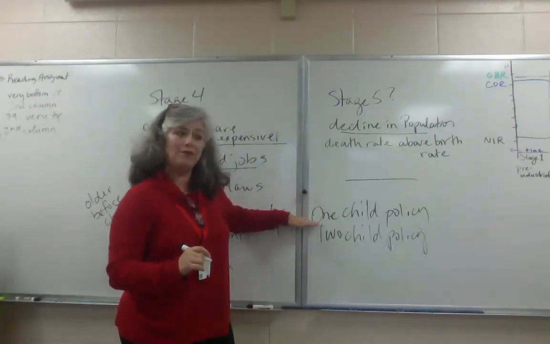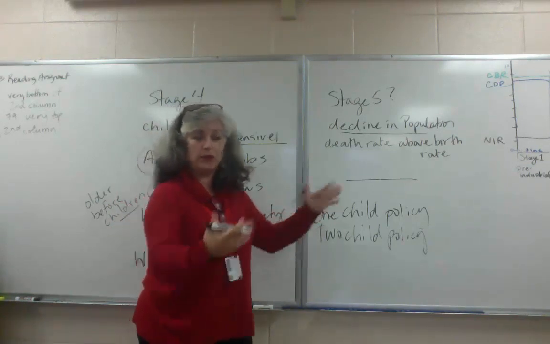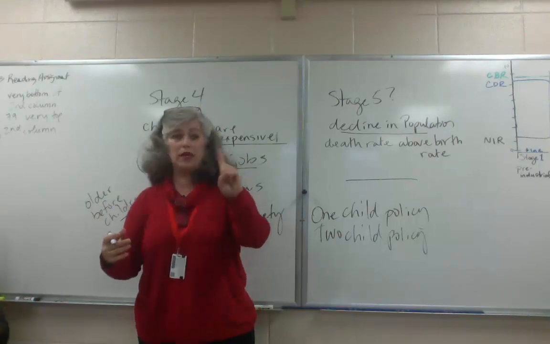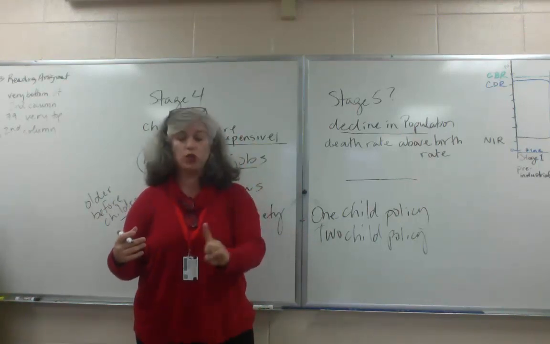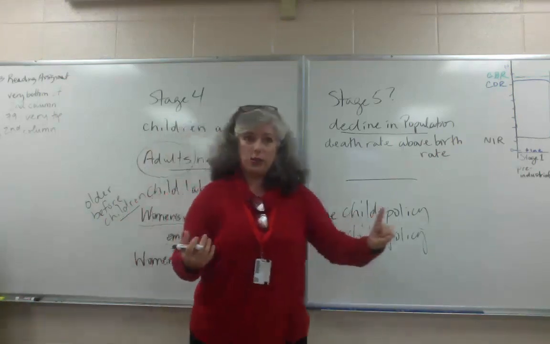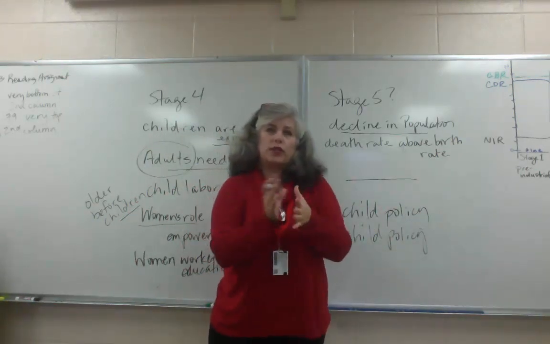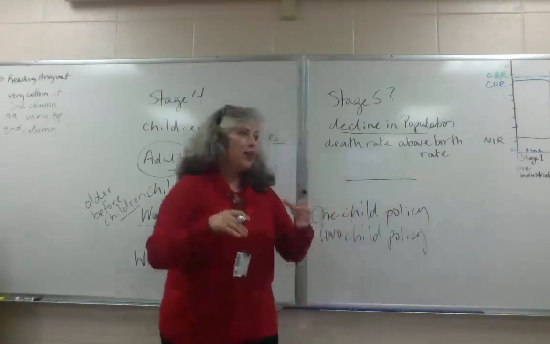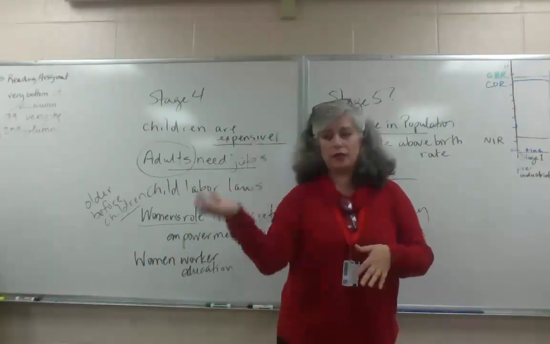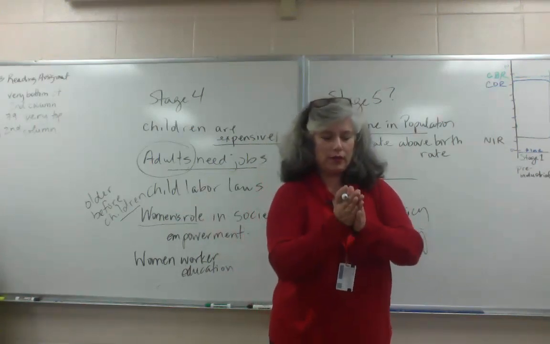And so the government intervened in people's lives and said, if you are going to have a family, we will limit it to one child, and one child only. And in that case, because of cultural reasons, there was another kind of demographic transition that, when we do population pyramids on Thursday, I'll show you how this works out.